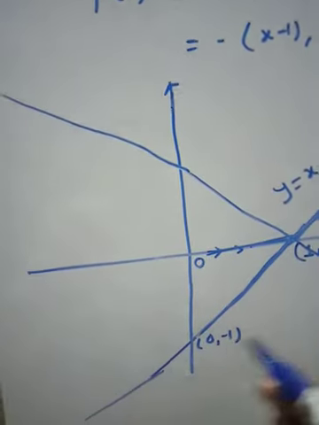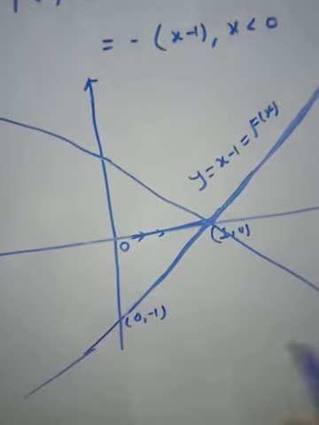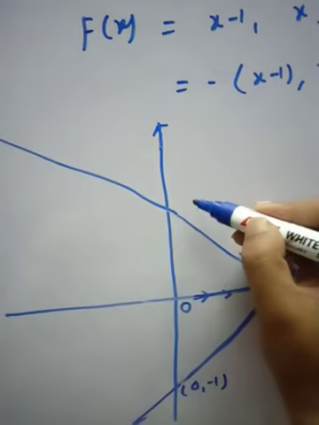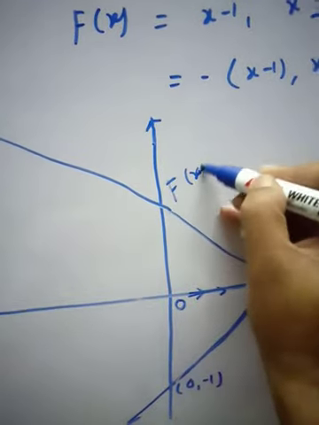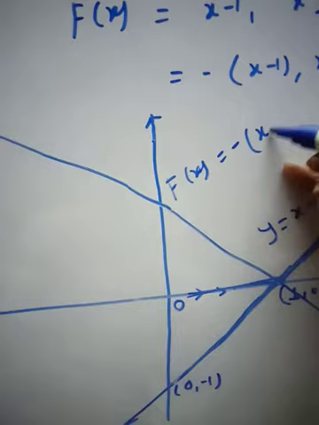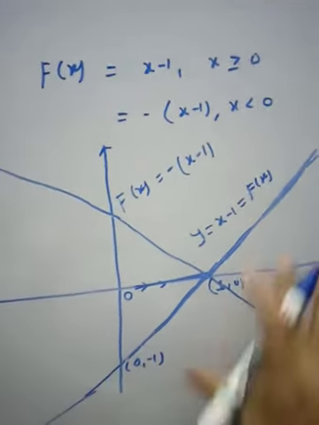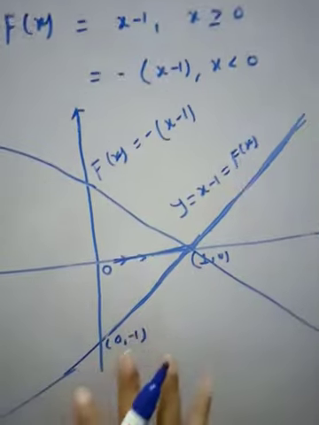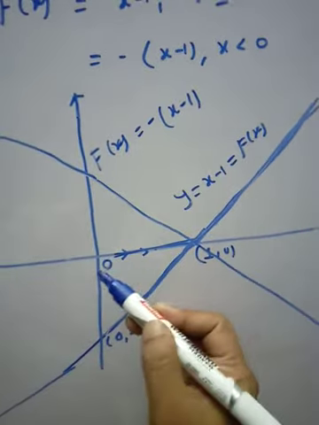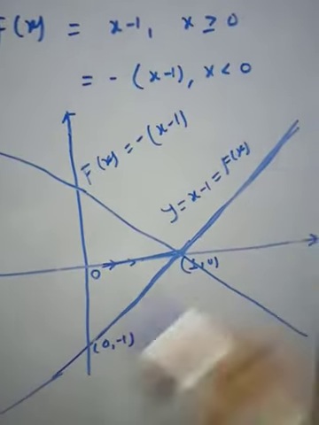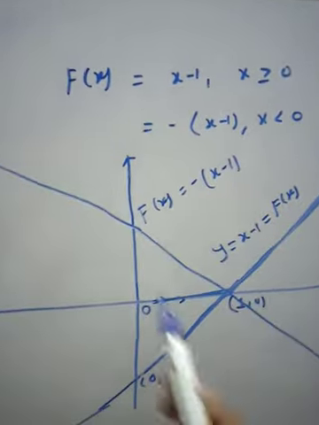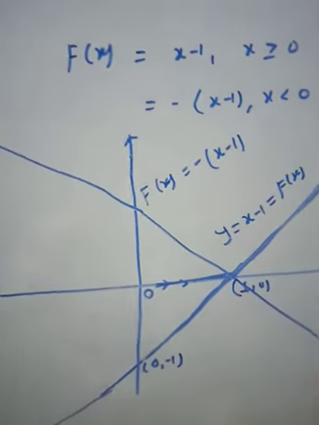Now this one is y equal to minus (x minus 1). We take the mirror image for x less than 0.